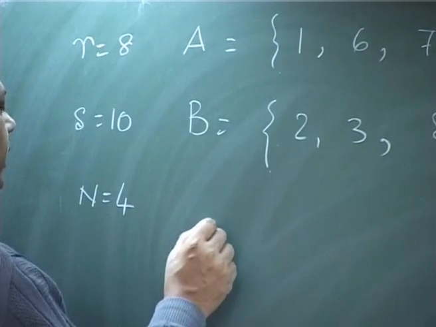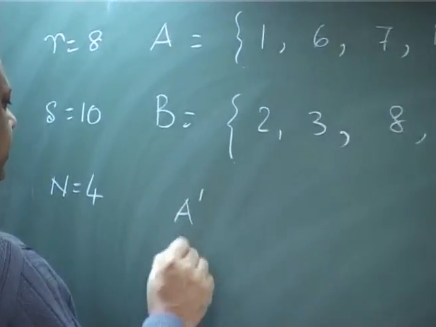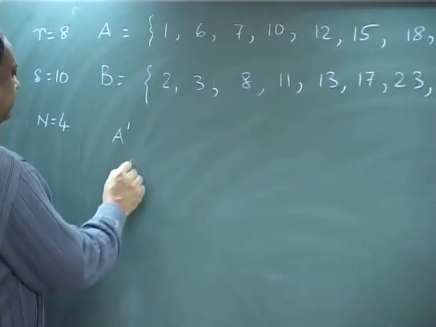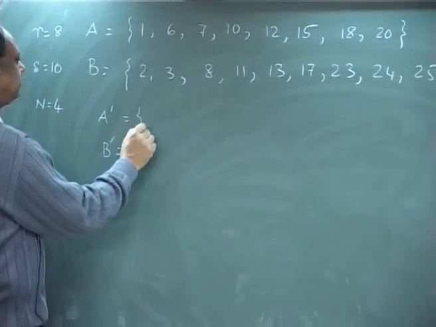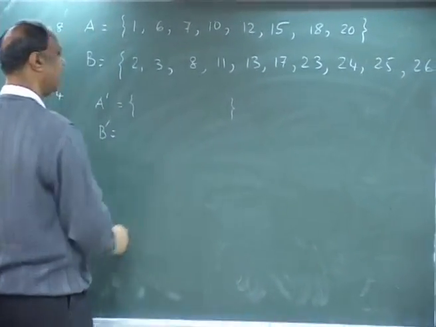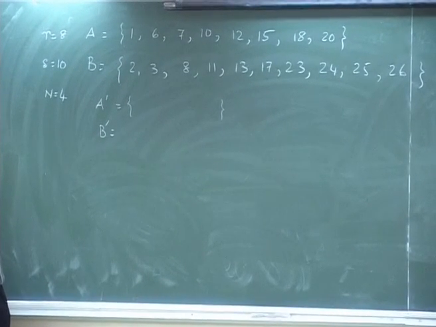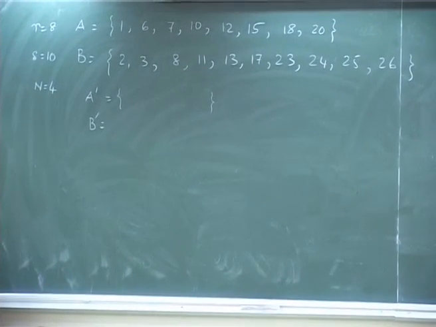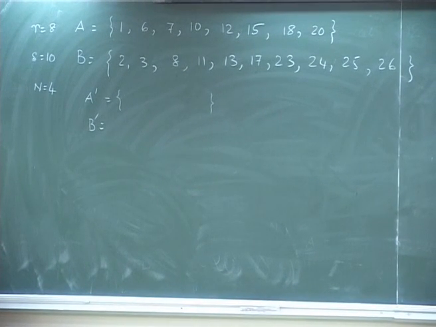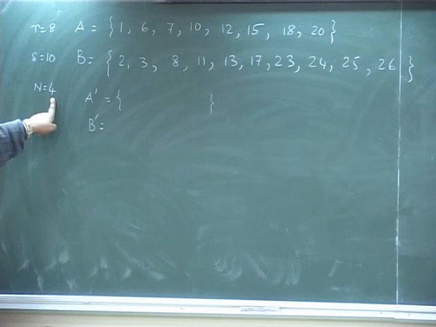So initially you have A dash sequence and B dash sequence. What is your A dash sequence? In A dash, how many elements will be there? You will be getting n minus 1 points, so 3 elements.